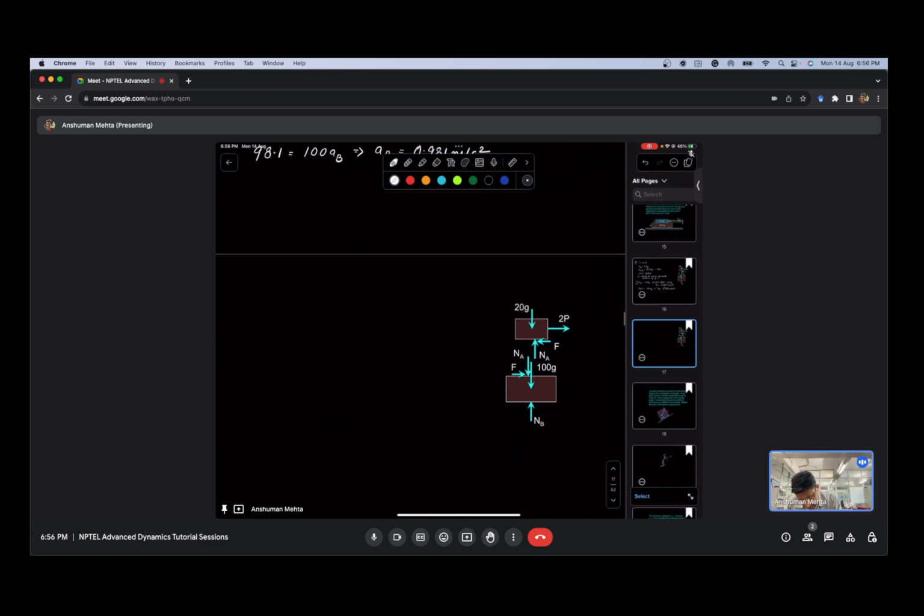Okay. Now part B, which says that P is equal to 40 Newton. So here F max comes out to be greater than the 80 Newton. Therefore, block A does not move relative to block B, the cart.